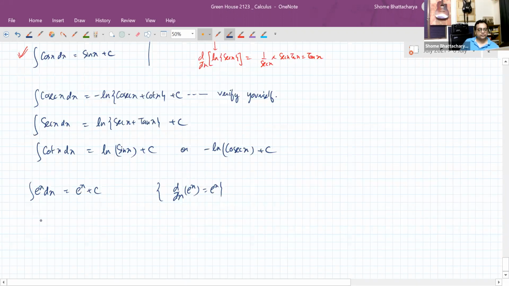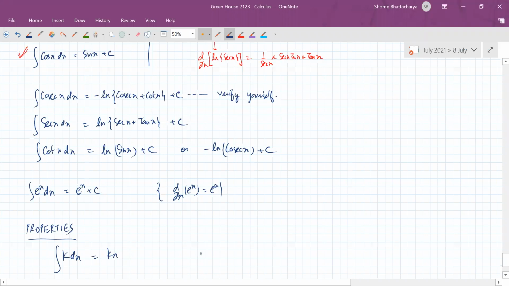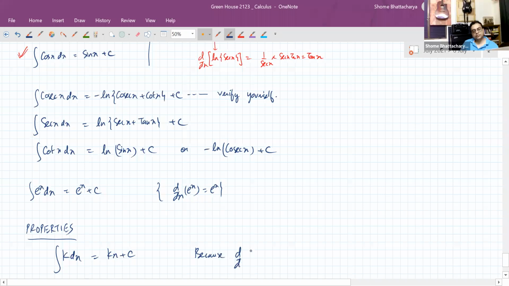And finally, you have properties which are very similar to properties that you have learned in differentiation. So integration of a constant will become a linear function like this, because we know that differentiation of a linear function like this is a constant.